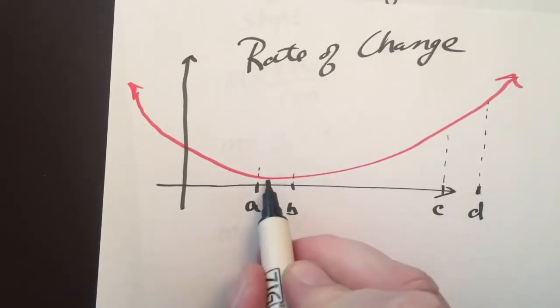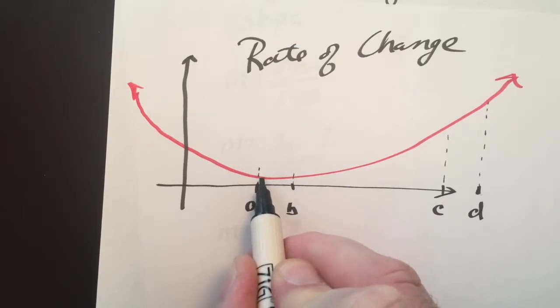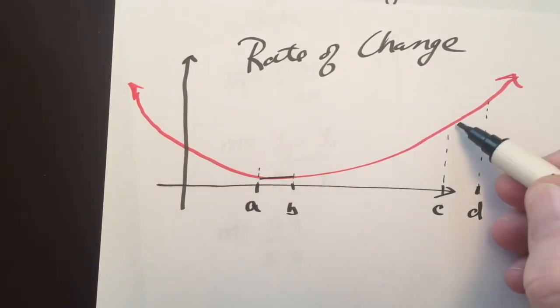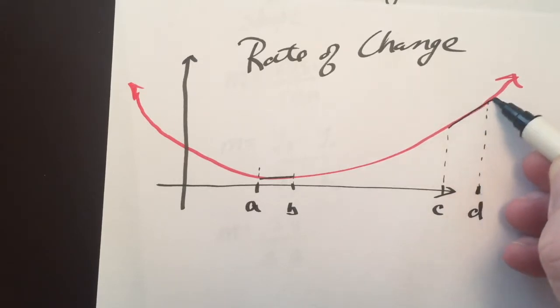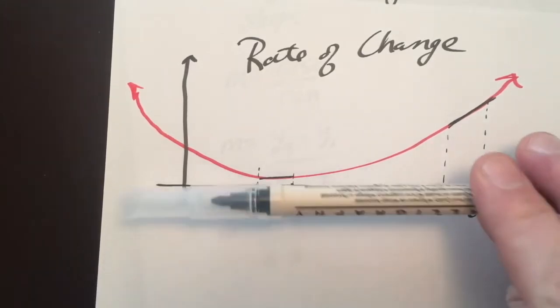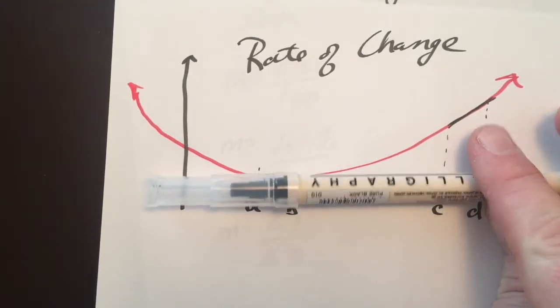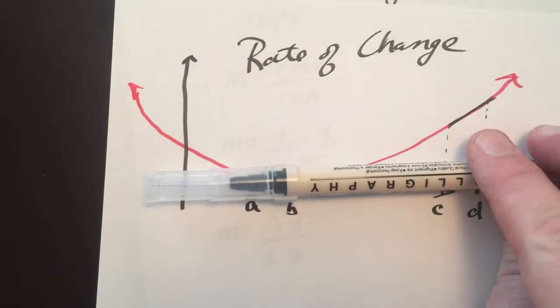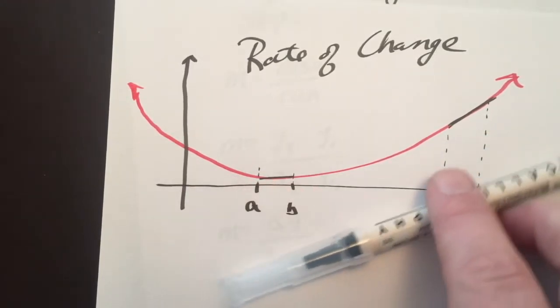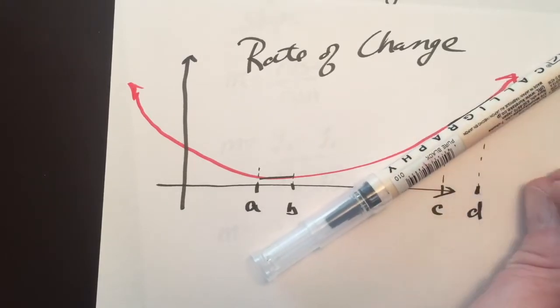So here's my question for you when we're talking about rate of change. If we were to draw a line segment on our graph between A and B, and a line segment on a graph between C and D, which of those has a greater rate of change? Another way to ask that question is, which of those lines has a steeper slope? From A to B, our slope is relatively flat, but when we get to C to D, our slope is a lot steeper.